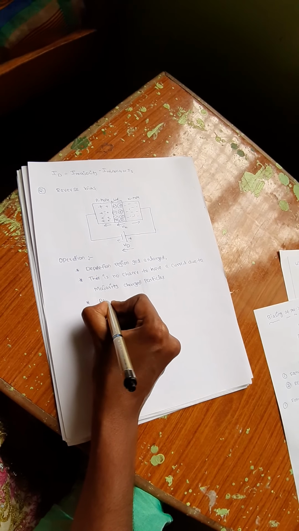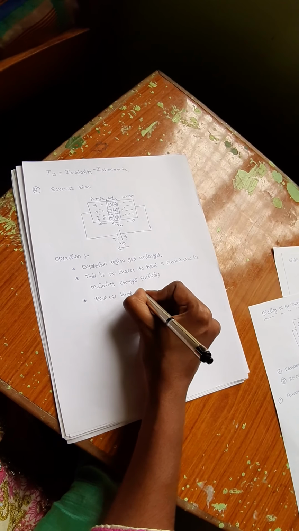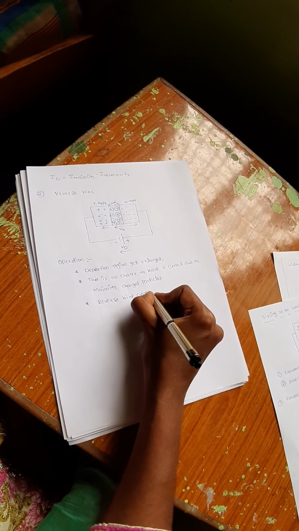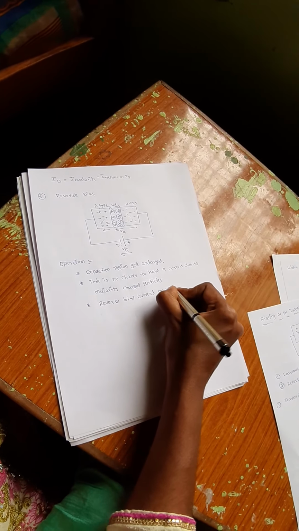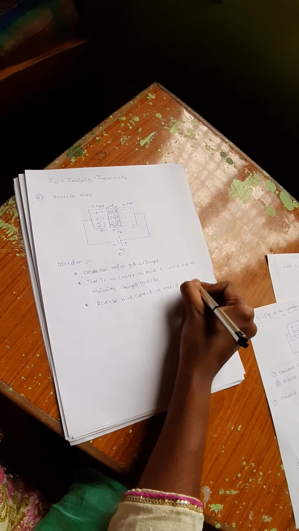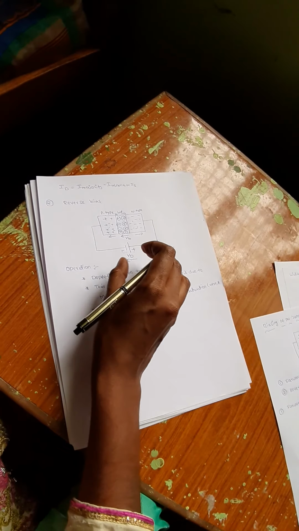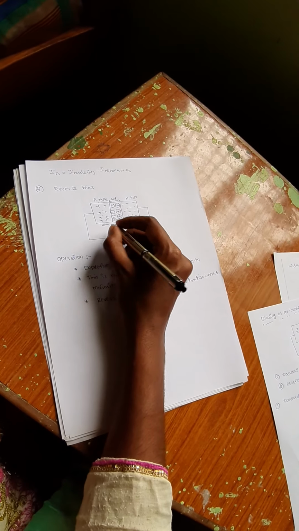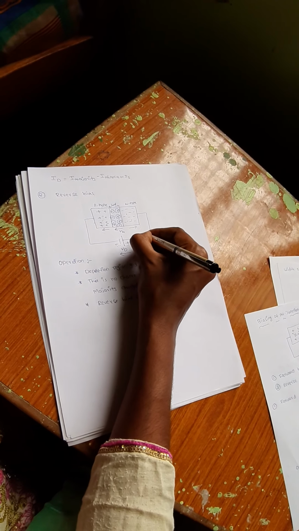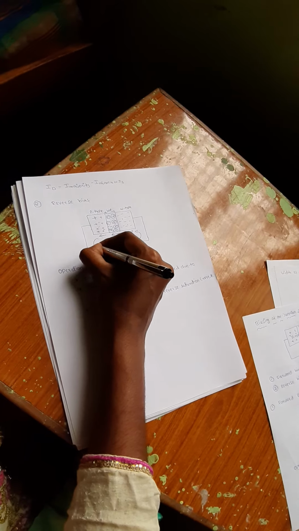So reverse bias current, or reverse saturation current. This reverse saturation current is due to the minority carriers, and the direction of this is in the IS direction.